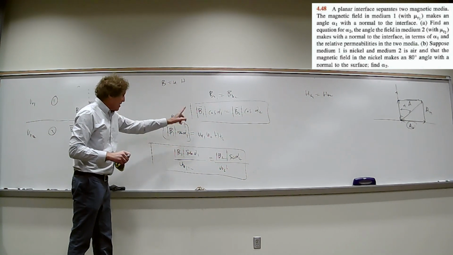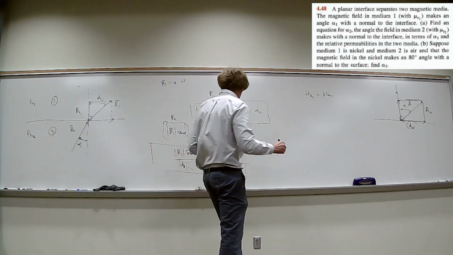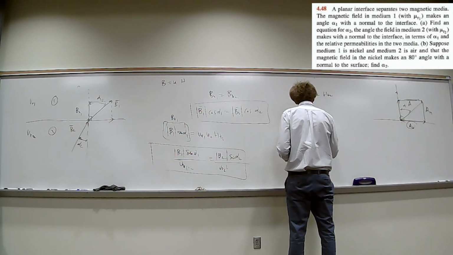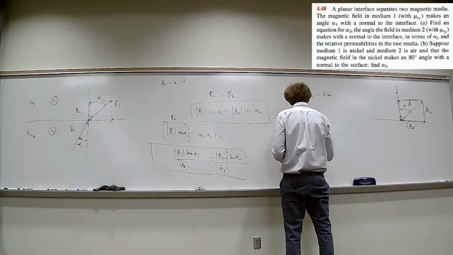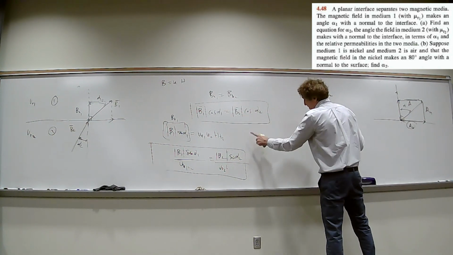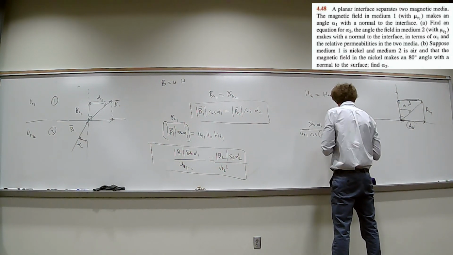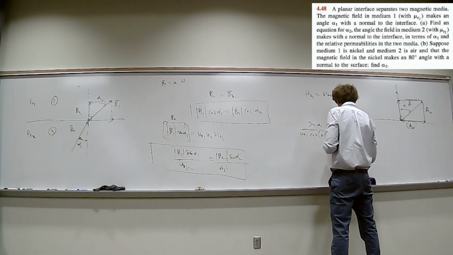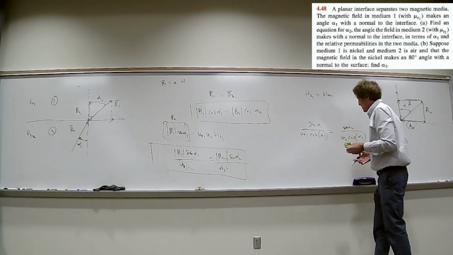I get sine alpha 1 over cosine alpha 1, divided by mu relative 1, equal to, if you divide these two out, you get rid of the magnitude of B2, and then you get sine of alpha 2 over mu relative 2 times cosine of alpha 2. Do you all see what I'm doing?